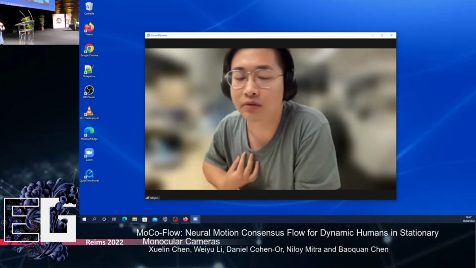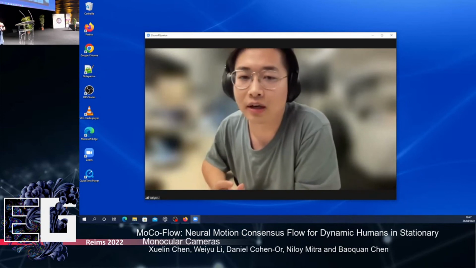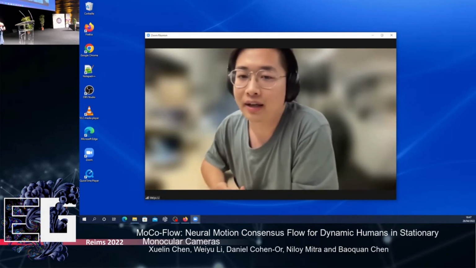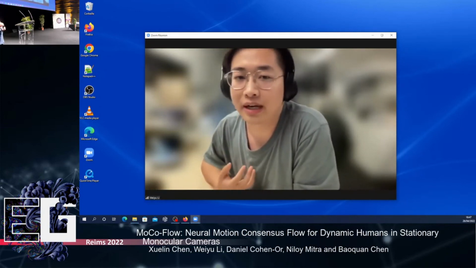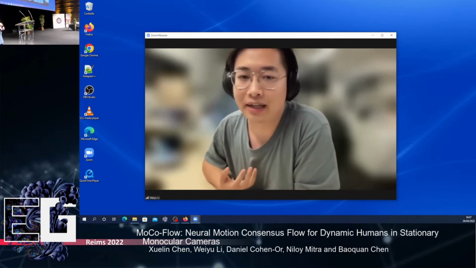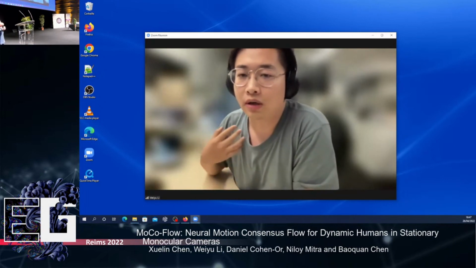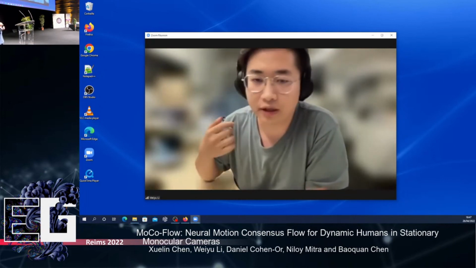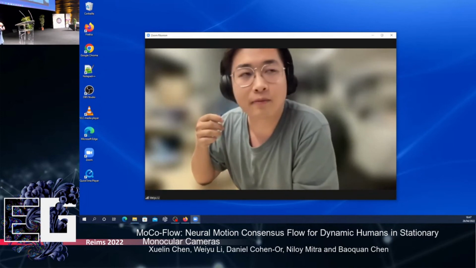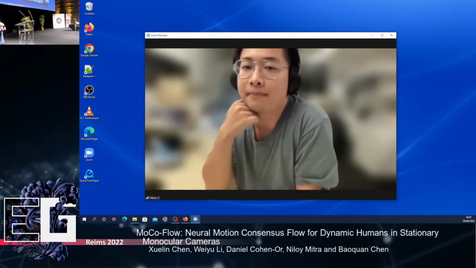It has about 6 or 8 MLP layers, and we don't concentrate on the network structure. We find that it's enough for us to encode about 200 frame videos.